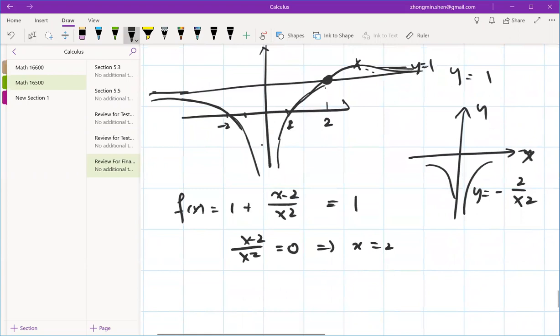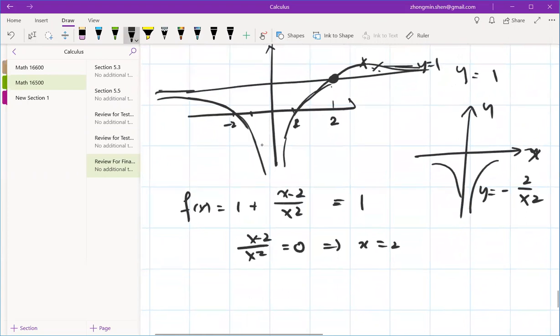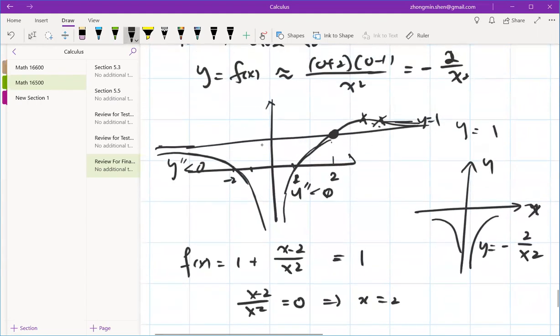I cannot determine the points of inflection, because this is a place where I change concavity. The left-hand side is always concave down, clear. So on this side the second derivative is always negative, and here the second derivative is negative. The problem is it approaches this horizontal line, so you have to concave up here. The second derivative must be positive here.